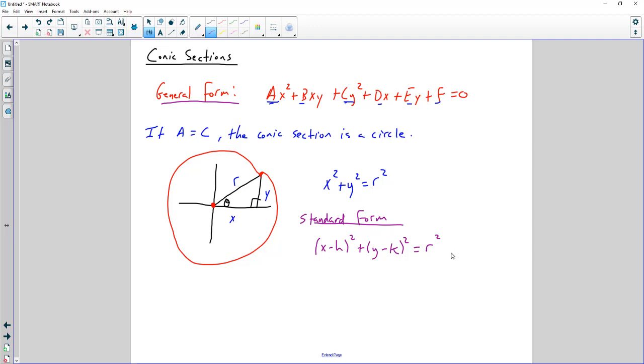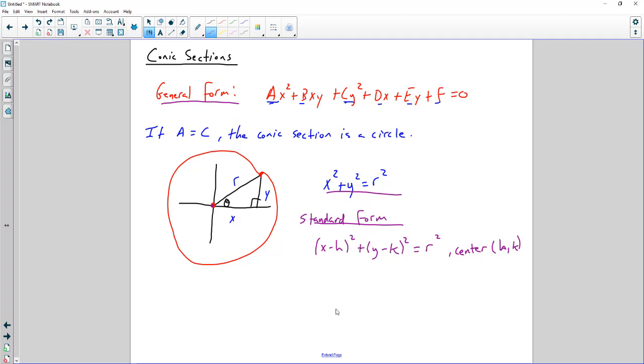Okay, that's your standard form, and the center will be at the coordinate h comma k. So if your center were at the origin, which is 0, 0, h and k would be 0, and then you would end up with this. So basically this right here is a circle centered at the origin, which is what the unit circle is. So that's where that comes from.